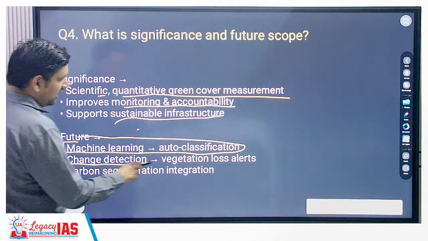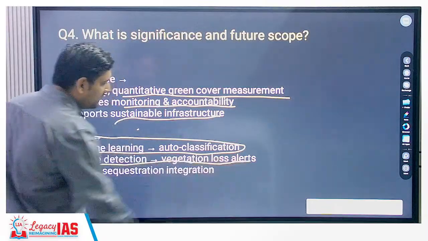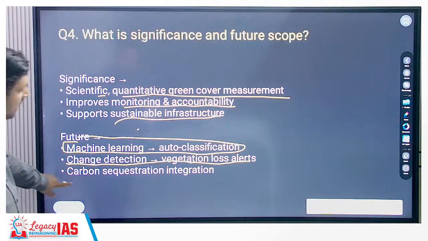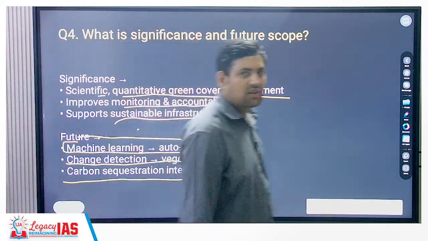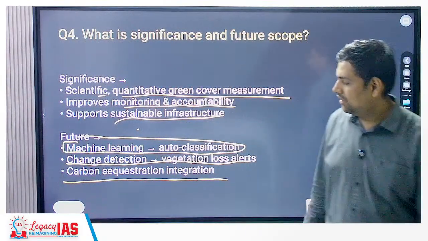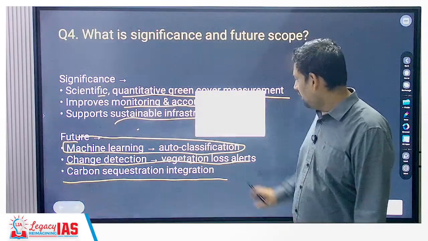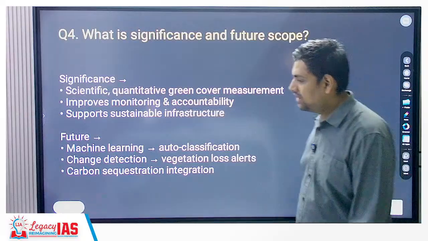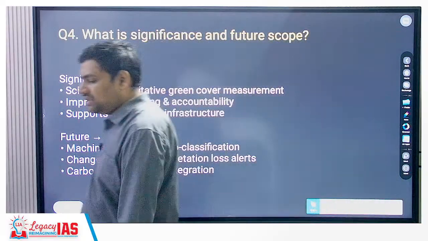Then change detection to vegetation loss alert. I explained this to you already. Carbon sequestration integration, that also needs to be integrated. Okay, so this is what is expected from this first report. This is just the start.